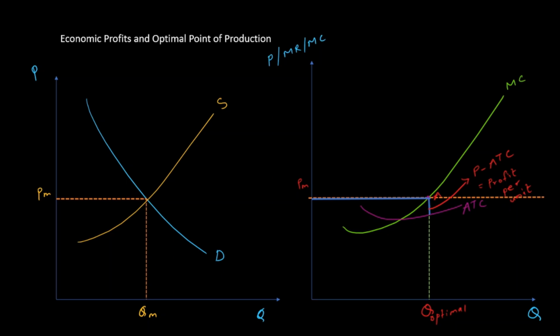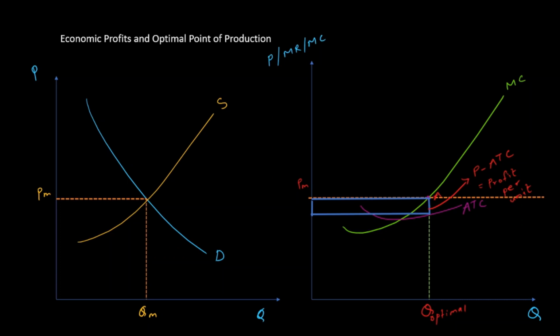And if I multiply this by the quantity produced, in this case the optimal quantity, that gives me the total economic profits. So in other words, the area of this rectangle that you see here gives me the total economic profits.